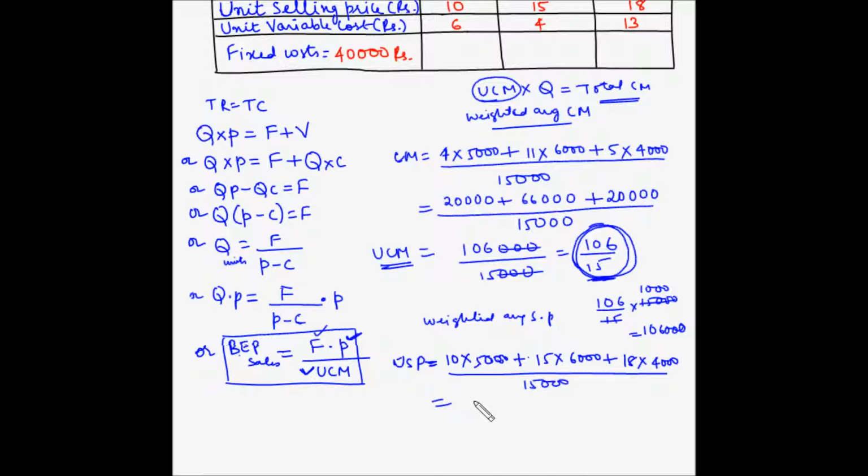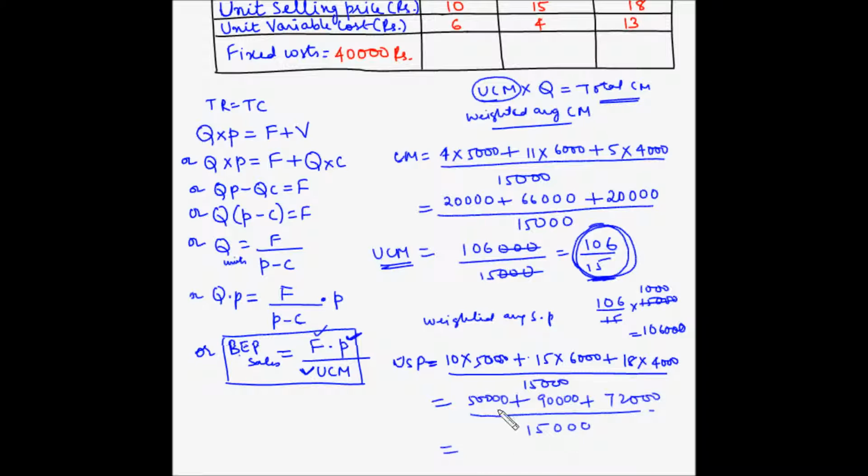So this is equal to 50,000 plus 15 sixes are 90,000. This is 50,000 plus 18 fours are 72, so 72,000, divided by 15,000.